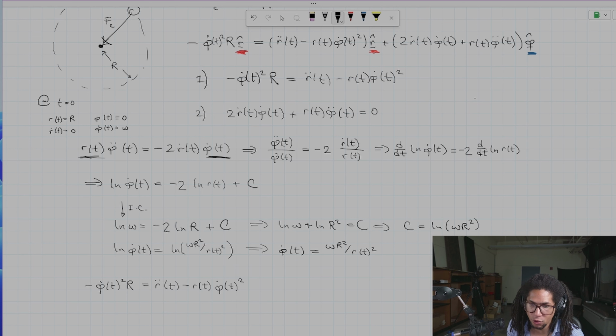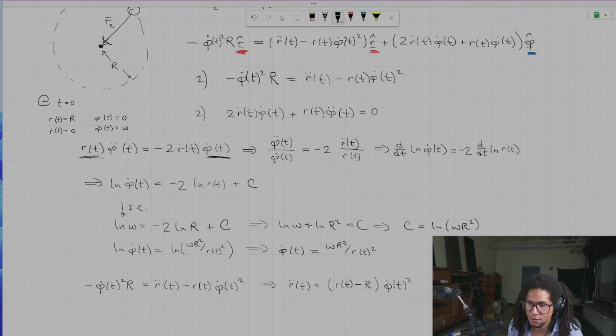So actually, if I move this around a little bit, I can get that r double dot of t is equal to r of t minus capital R times phi dot of t squared.